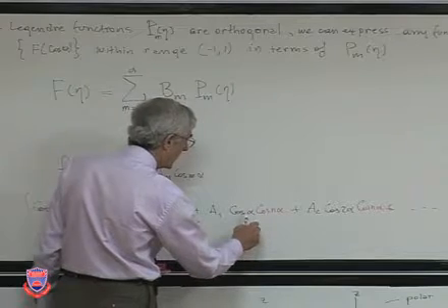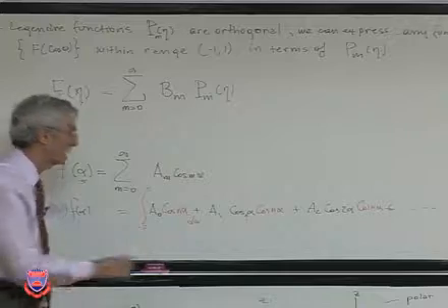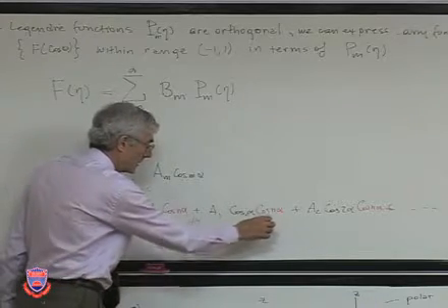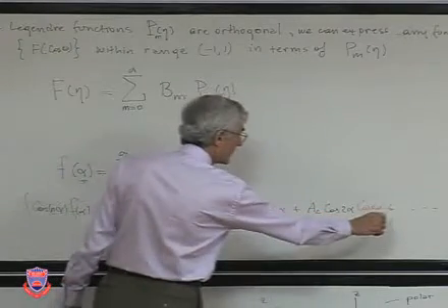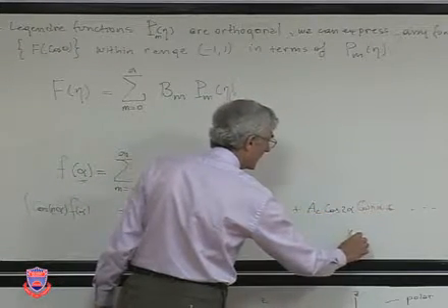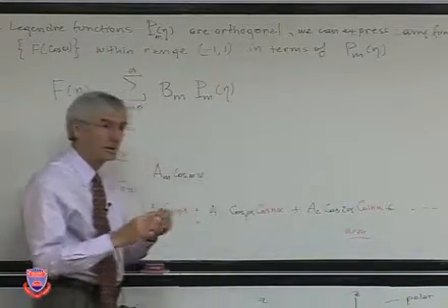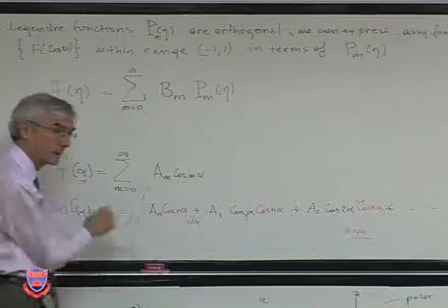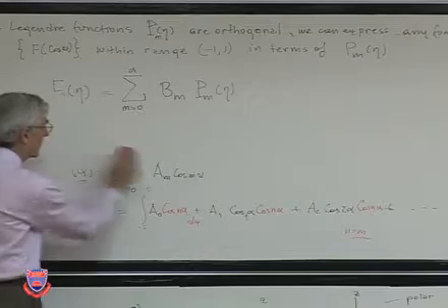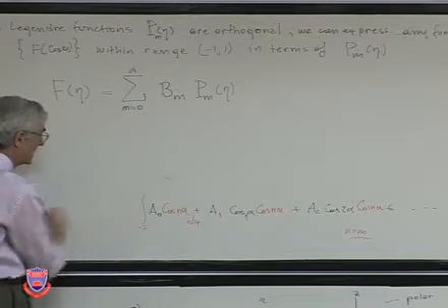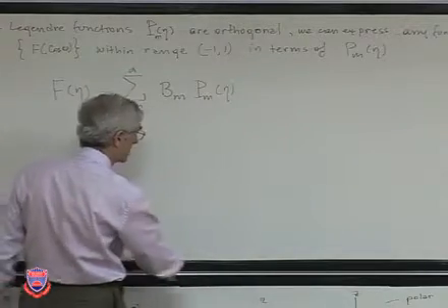Now, if the coefficients are different, they're going to be 0. So the only thing that's going to give you a number here is when n is equal to m, just like the other one, from orthogonality. This is how you find the coefficients of a Fourier series.